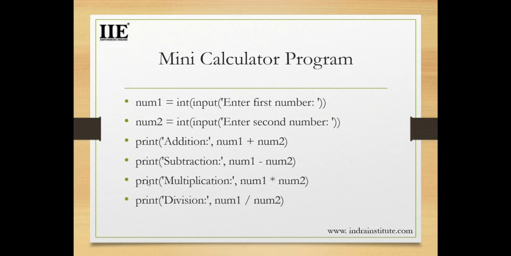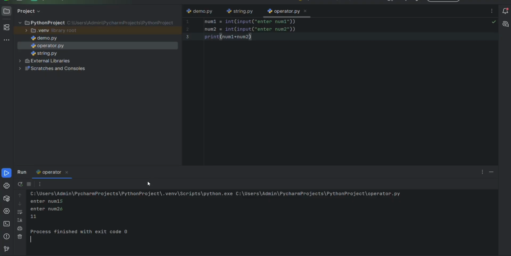Mini calculator program. This is our mini calculator project. So now we are getting numbers from the user. Here we combine user input and arithmetic operators: addition, subtraction, multiplication and division.